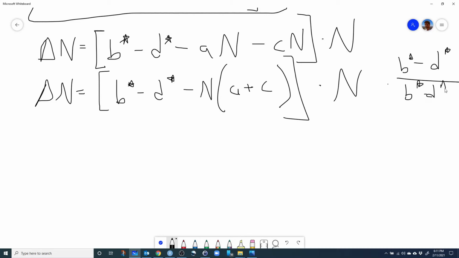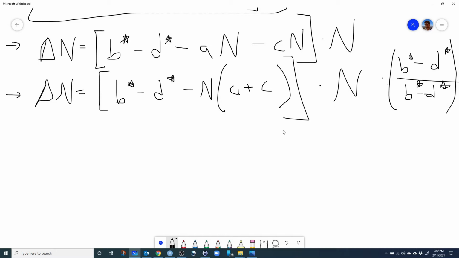And as you can see, this term here is equal to 1 because it's the same thing divided by the same thing. So anything divided by itself is equal to 1, and anything multiplied by 1 is equal to itself. So this equation here is the same thing as this equation here. They're functionally equivalent, but it's going to allow us to simplify in the end. It doesn't look like we're simplifying, but we will be simplifying.